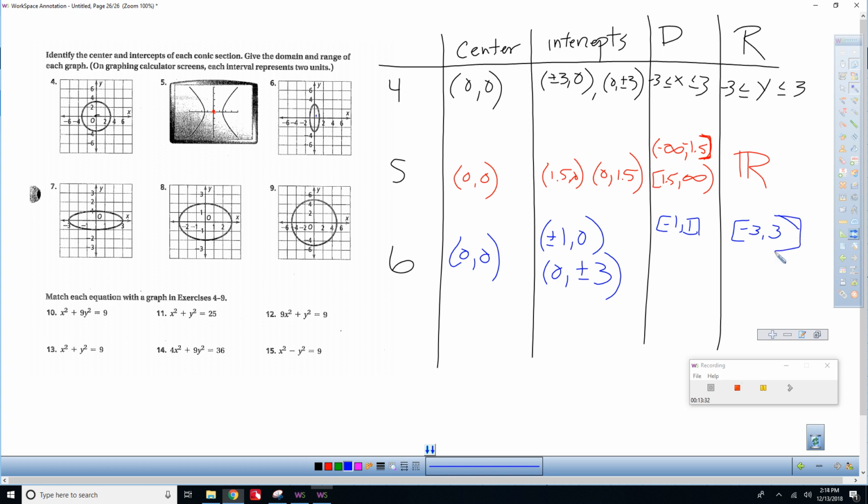Okay? Alright, now let's use Desmos to do all of this. Let's see, I'll do 10, 11, and 12. So we can see all three of those on the graph. Okay?